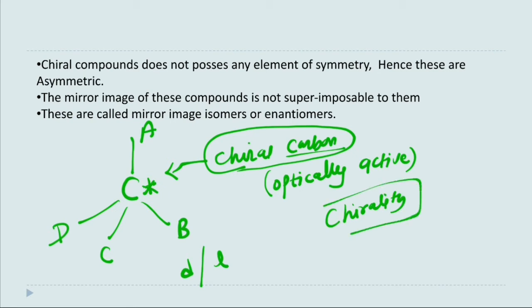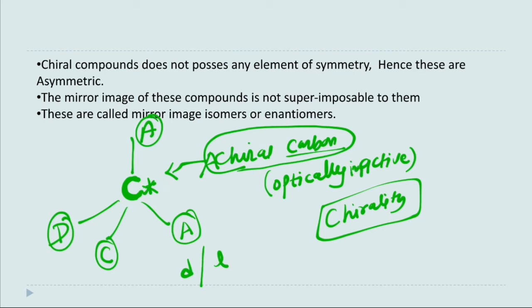Chirality is considered for a molecule as a whole, and chiral carbon is specifically for this particular carbon atom in which all the 4 groups are different from each other. If any 2 groups are similar, then this carbon atom will not be chiral. Suppose A, D and C, these groups are attached. Now this is achiral or optically inactive.